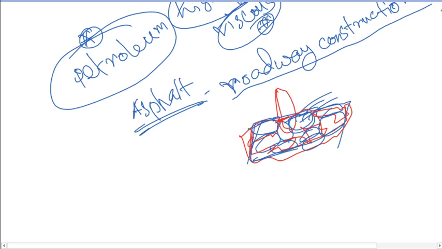That's why, to provide sufficient strength in a combined manner, this bituminous material acts as a binder for binding all those aggregates. That is the main purpose of using these bituminous materials.